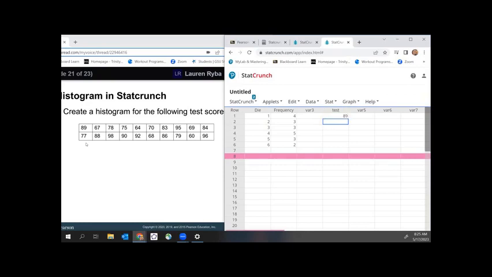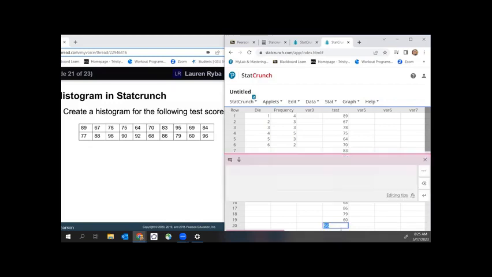Got 89, 67, 78, 75, 64, 70, 83, 95, 69, 84, 77, 88, 98, 90, 92, 68, 86, 79, 60, and 96. And you can see I've got 20 values here. That is all the way down on the 20th spot.